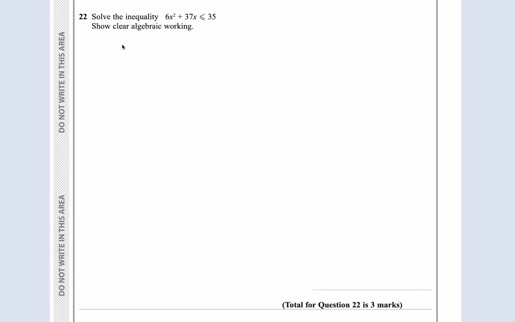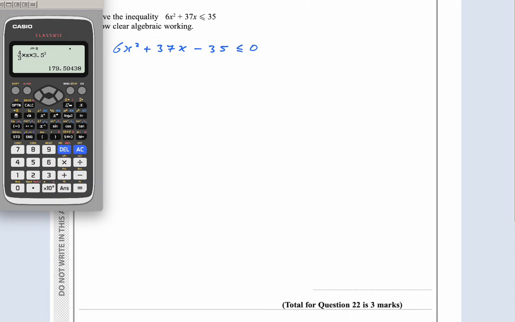Okay, so guys, I have 6x squared plus 37x minus 35. I'm going to subtract the 35, is less than or equal to 0. Okay, first things first, guys. With the calculator, you can get the answer. Now, you won't get any marks if you don't show working, but let's put in the answer to begin with.